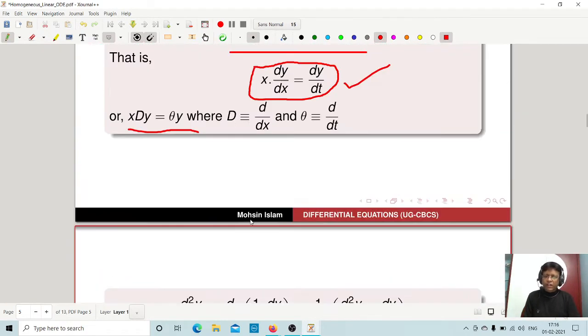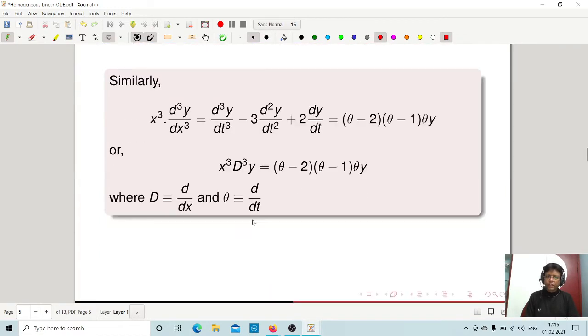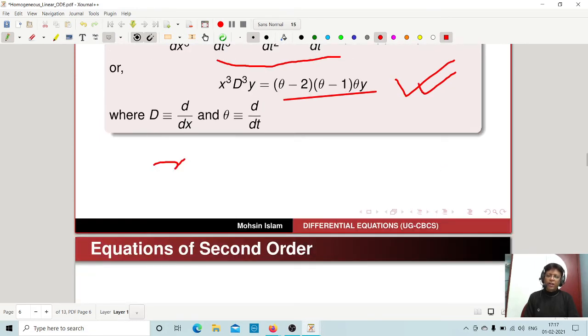Similarly, you can convert the third order also. Third order x cubed d3y/dx3 will be of this form, and the factors will be theta minus 2 into theta minus 1 times theta y. And if you have x to the power 4 d4y, how will you convert this?